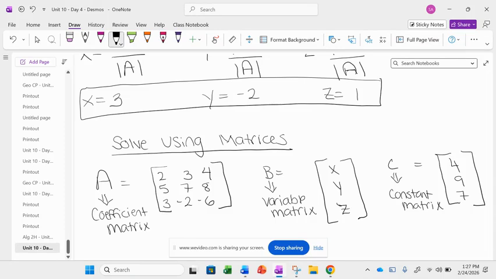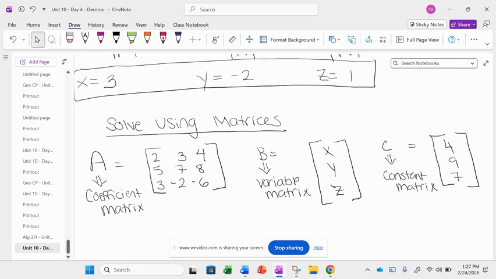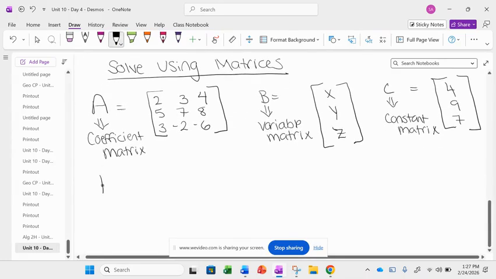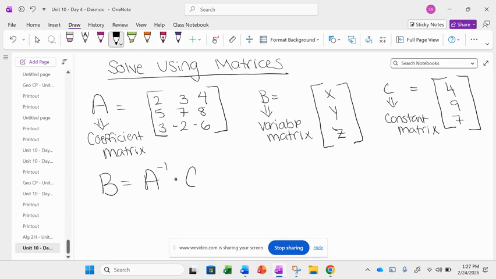I need you to write out what your A is, your B is, what your C is. Of course, if the equations needed manipulation, you would have had to manipulate them. You don't have to write the word coefficient, I'm just telling you that. The next thing you would have to show me is that B is equal to the inverse of A times C. That is it. If we're solving using matrices, this is all the prep work you would need to show me.